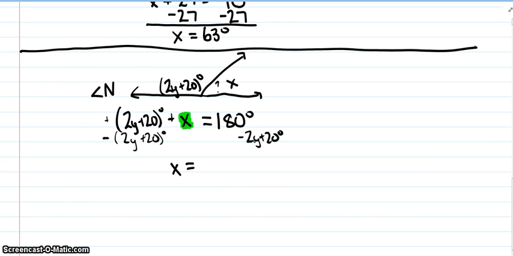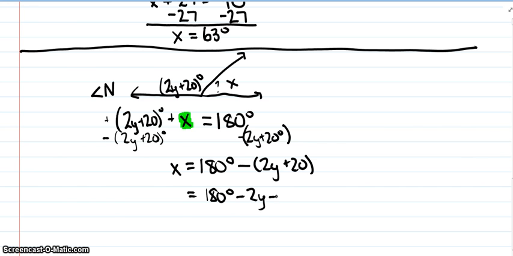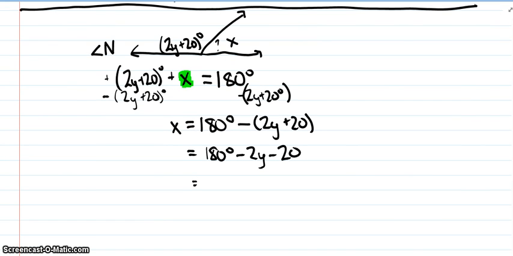Then 180 and 2y can't be combined because they're not like terms, and we're subtracting this whole thing. So let's do 180 minus 2y plus 20, and distribute that negative: minus 2y minus 20. Then we can combine our like terms, 180 and 20, so we get 160 minus 2y is the supplement.